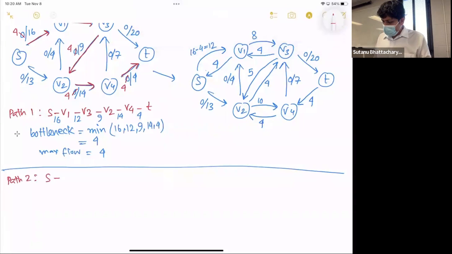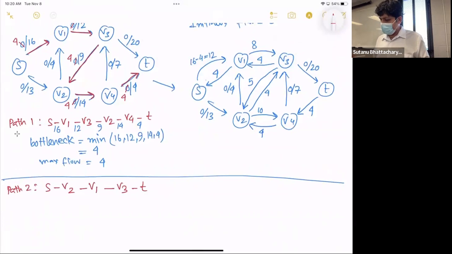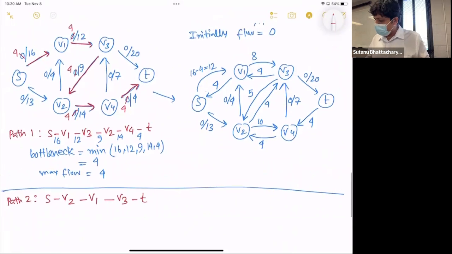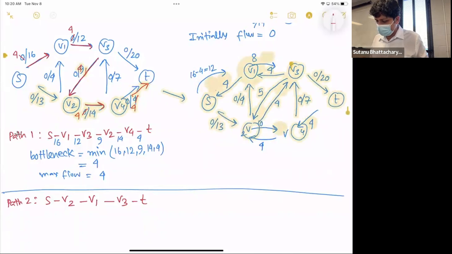S, V2, V1, V3, T. And we'll use this graph. So can I copy it?